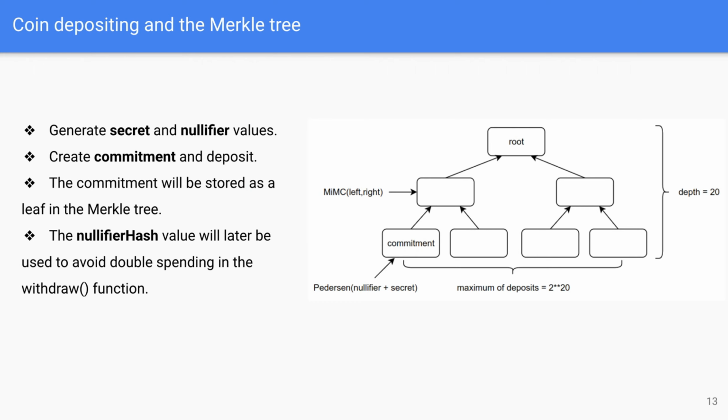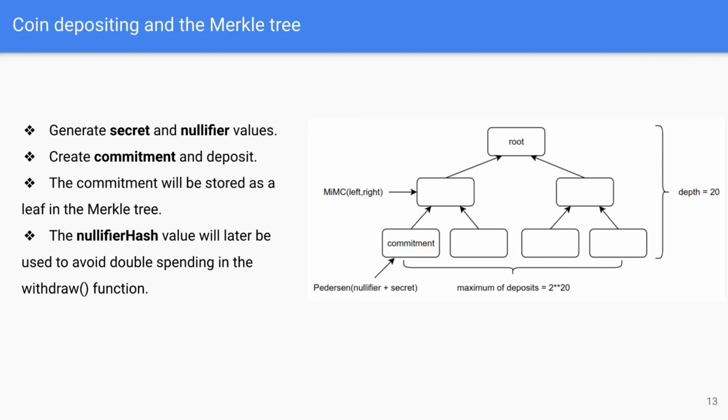Before depositing our coins into the contract, we need to generate a secret and a nullifier value. Combining these two values together through the Pedersen hash function, we'll get a new value called the commitment. The commitment here will be stored as a leaf in the Merkle tree of the Tornado contract, and each deposit will have a corresponding commitment.